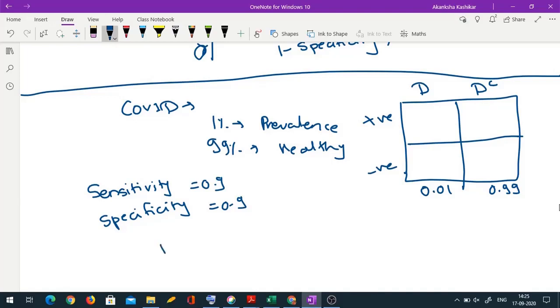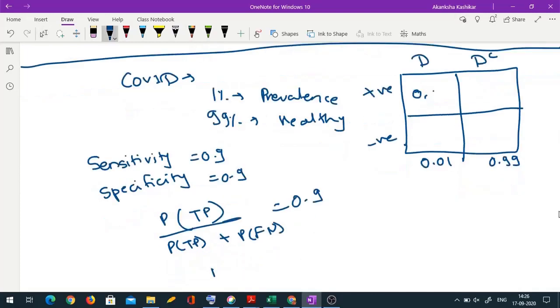Sensitivity is probability of true positive upon probability of true positive plus false negatives. This is 0.9. Probability of true positive means positive intersected with D, and the total probability of D is 0.01.